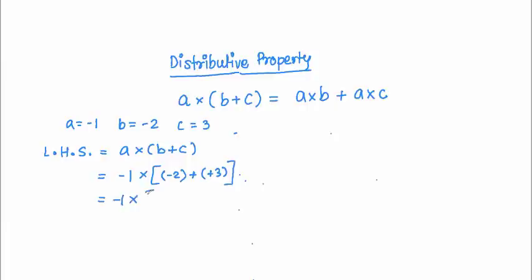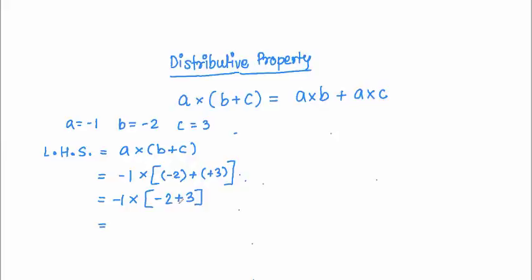Let's solve the bracket first. So this is -2 plus, consecutive signs, equal signs gives us positive, so plus 3. Now -2 plus 3, different signs means it is subtraction.